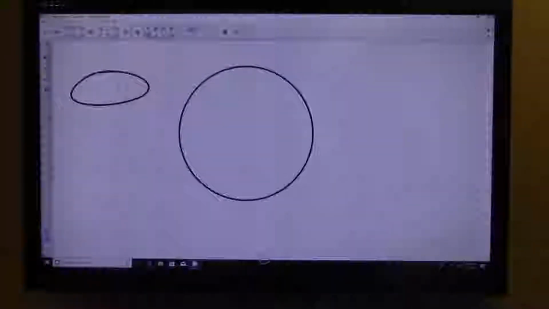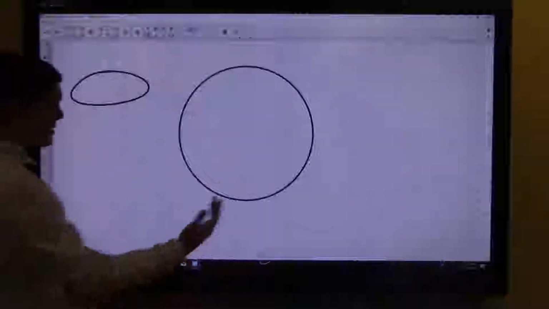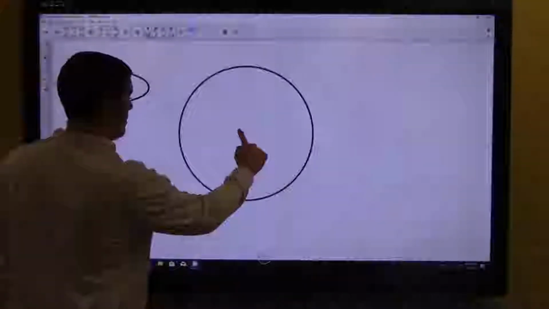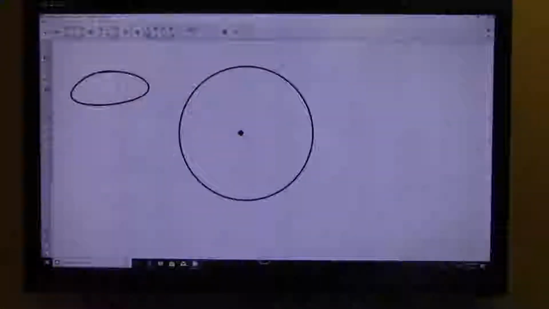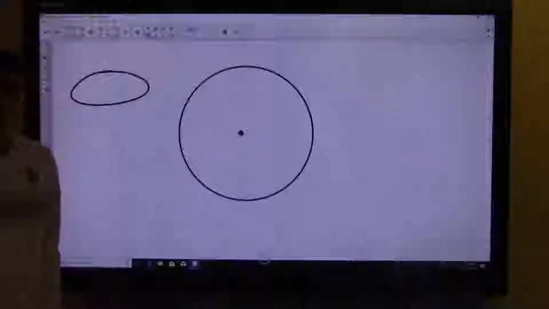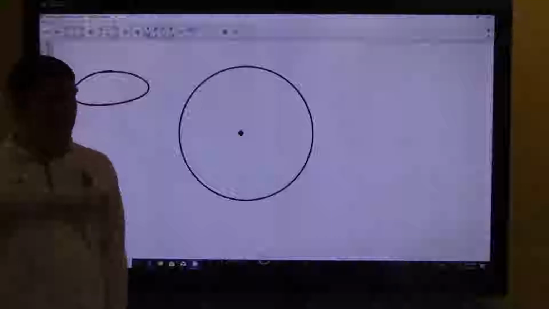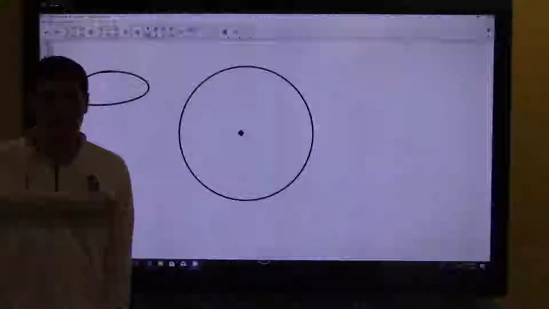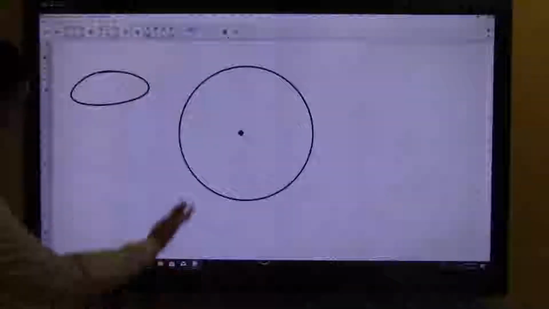First of all, all circles have a center, some point. I'm just going to guess where the center is. Let's say that's the center of this circle. Now, I'm sure you guys know a little bit about circles. Even in kindergarten, they teach you what shape is a circle.